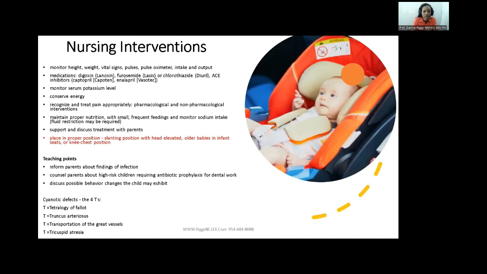As far as the treatment with the digoxin, the diuretics, the ACE inhibitors, I will cover those drugs and what you need to know in detail when I cover the adult because the information is not different. Okay, so pocket that for a moment. So all of these clients, you're going to monitor weight, vitals, they're on a pulse ox, right? I&O. We're pulling a chemistry panel.